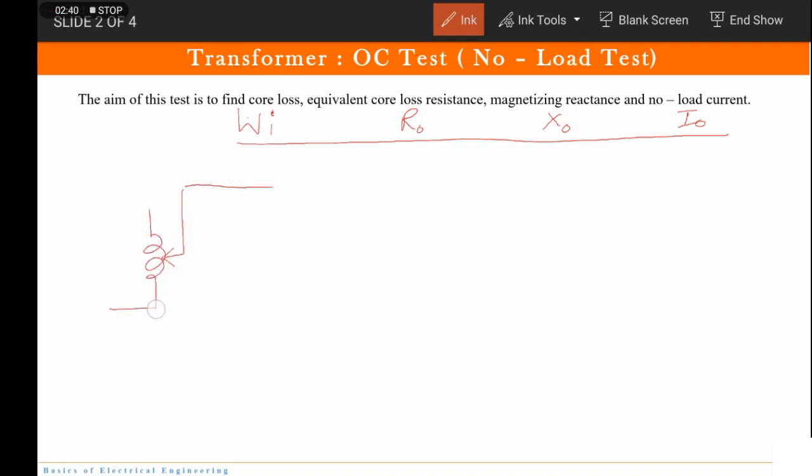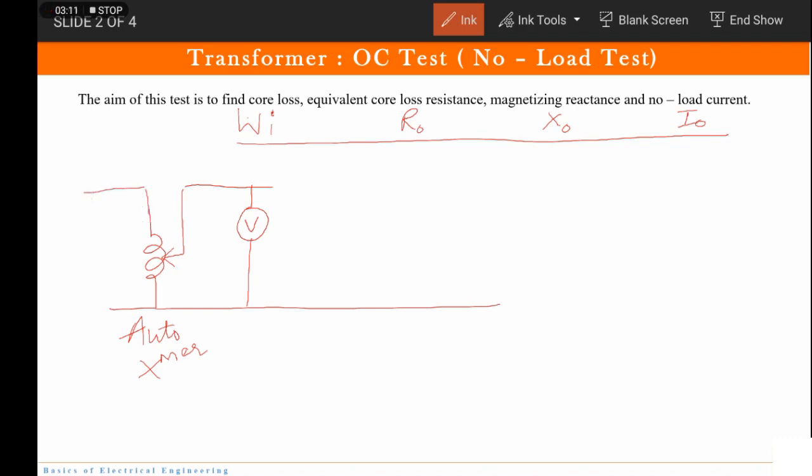Then we connect a voltmeter here, and here we have an auto transformer. See, the word transformer has a shortcut form that we engineers use. We write X and superscript MER. So this represents transformer.